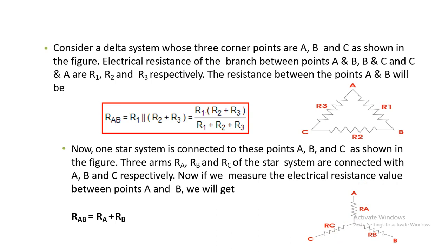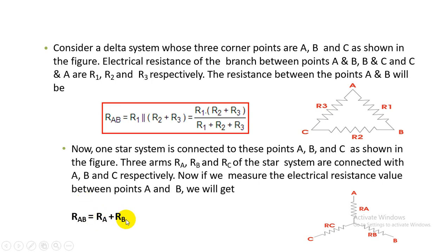Thereby the same current flows through RA and RB, so both resistances are connected in series. The series equivalent value between A and B in the star connection is RAB equal to RA plus RB.